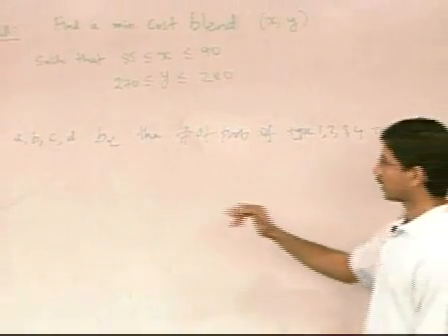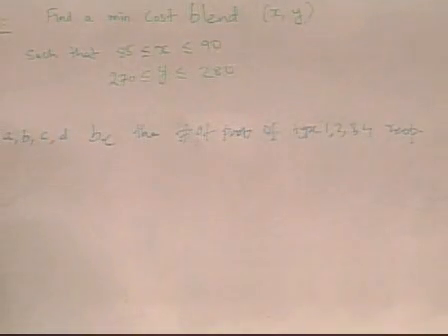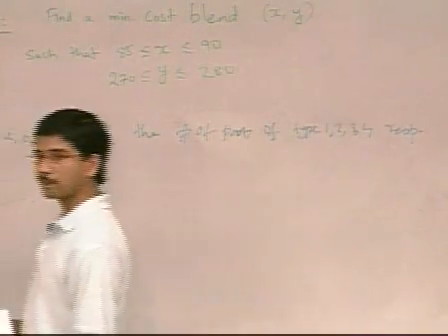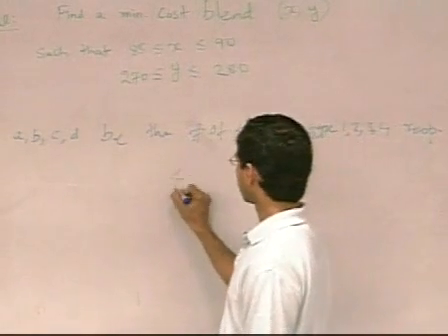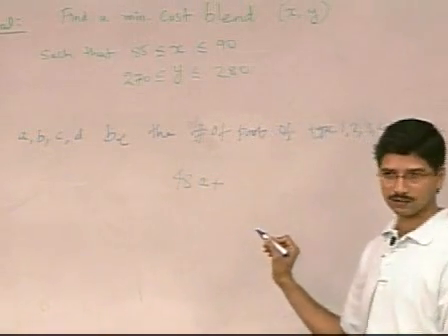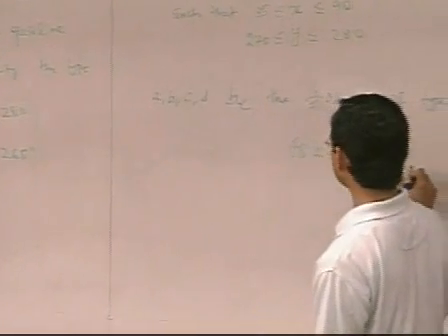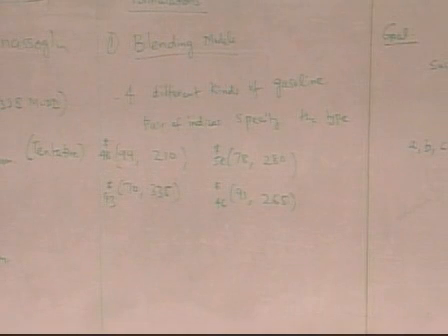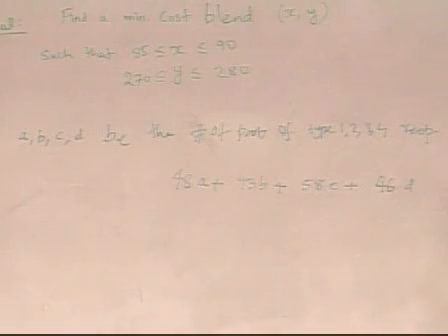So if I use A parts of this and B of this, C of this, and D of this, I'm going to end up paying 48A plus 43B plus 58C plus 46D, right? That's going to be my cost.